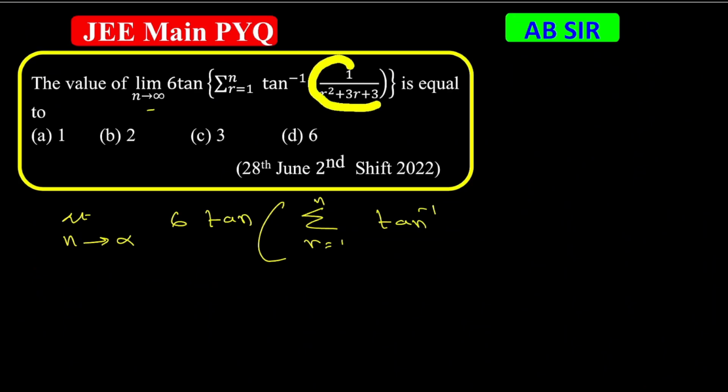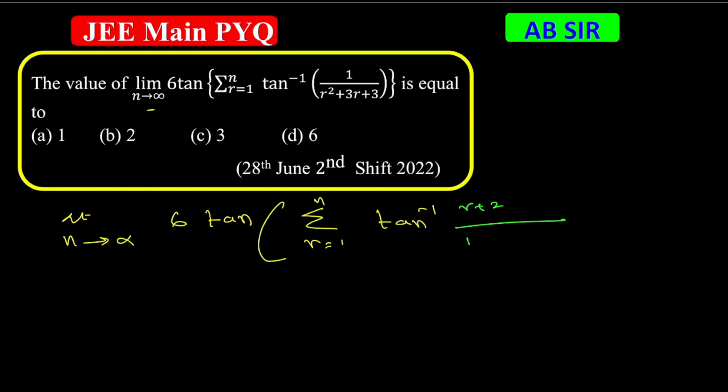This is also a telescopic series. Wherever this type of term is there, remember it is nothing but the telescopic series, and you have to express it as tan inverse A minus tan inverse B. So tan A minus tan B is A minus B by 1 plus A into B. So in the denominator there should be a 1. Accordingly we'll make our target. What to do here? Just see one thing.